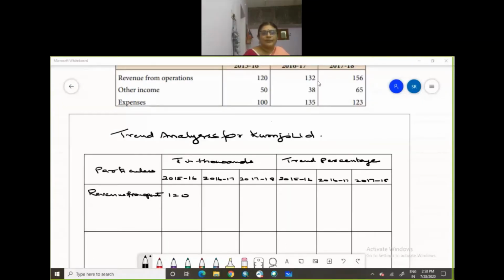Now you have revenue from operations. Let us take revenue from operations for all the 3 years: 120, 132, and 156. Plus other income. They have mentioned it in the problem: your other income is 50, 38, and 65.